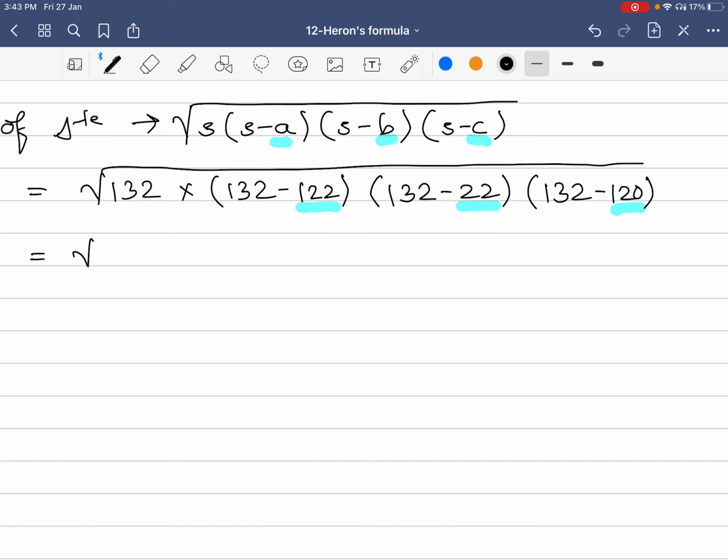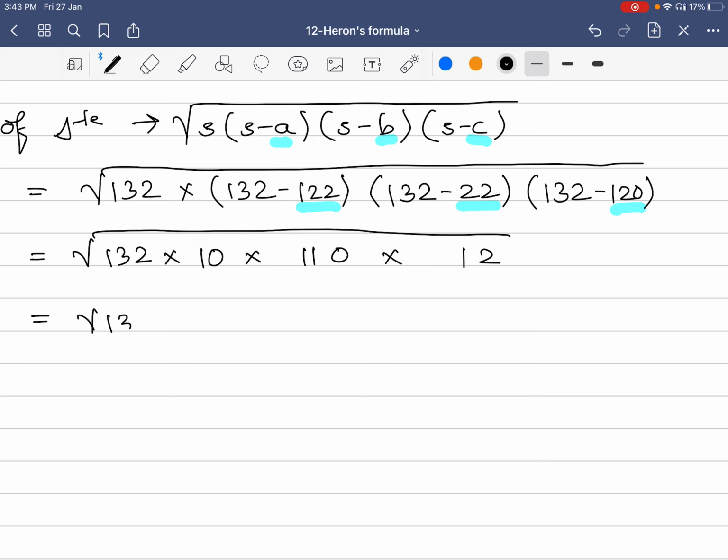It is equal to the square root of 132 into 10 into 110 into 12. Now that is equal to 132 into, let us separate this 10 and this 10, because 10 into 10 is 100, which is a perfect square.